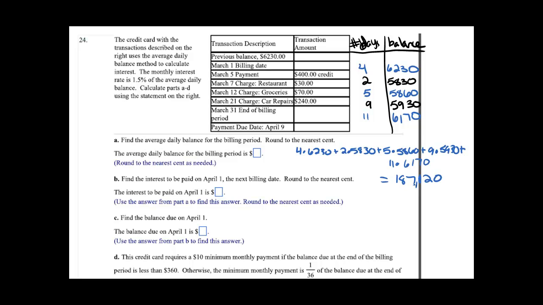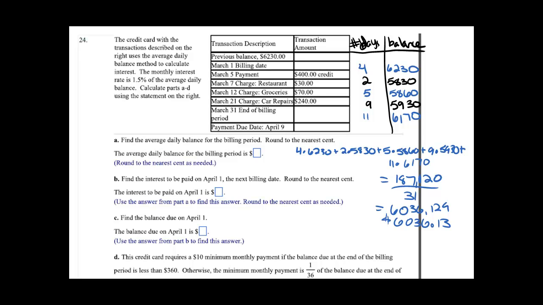However, this needs to be divided by the 31 days. If we divide that, we're going to get 6,036.129, which means $6,036.13 whenever we round to the nearest penny.